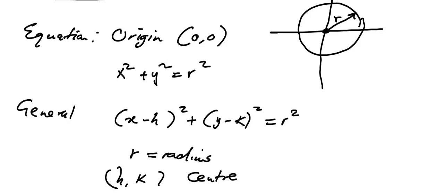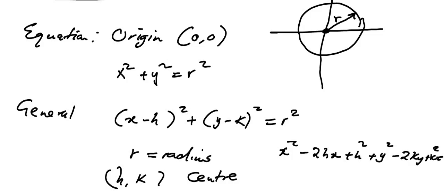Of course, some people would prefer expanding this equation to something that looks like this. When you expand this, you know how to expand this part here. So you would get x squared, multiply these two, so you get 2hx, plus h squared, then plus y squared, 2ky, then plus k squared is equal to r squared.